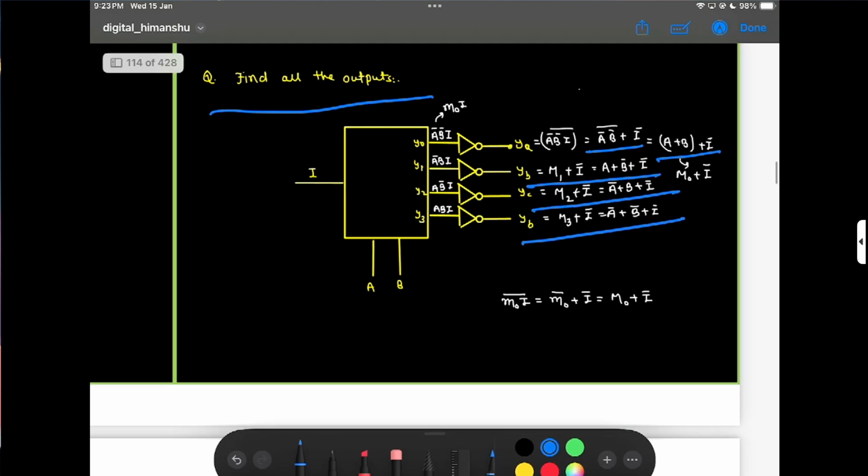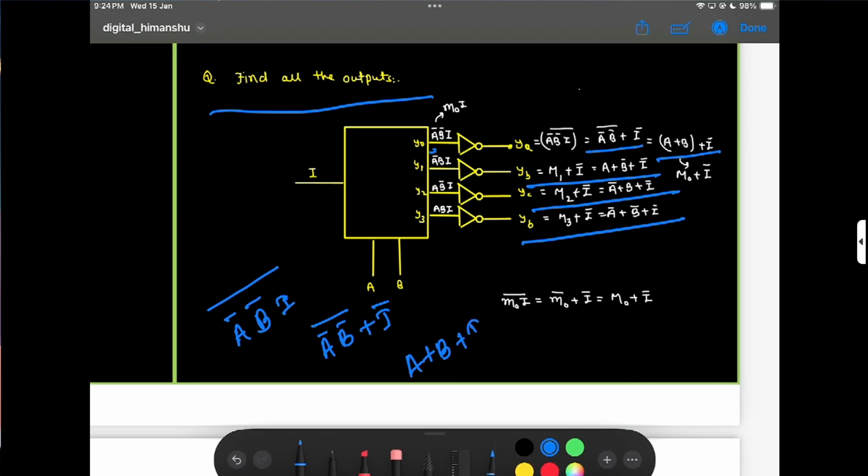What do we get here? The select lines are A bar and B bar, and I, ANDed and then NOTed. So it is basically (A bar B bar I) whole bar, which is A plus B plus I bar. This is my circuit.